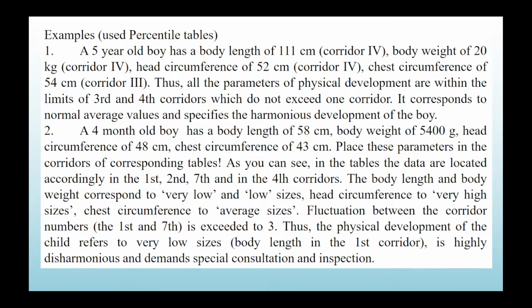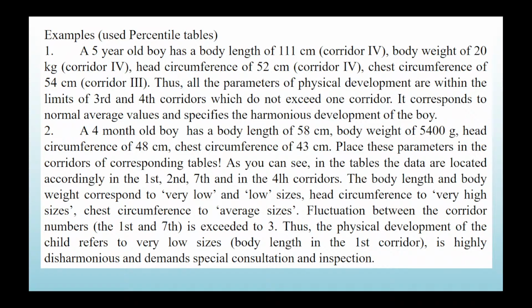Please find these parameters in the corridors of the corresponding table. As you can see in the table, the data is located according to first, second, seventh, and fourth corridors.